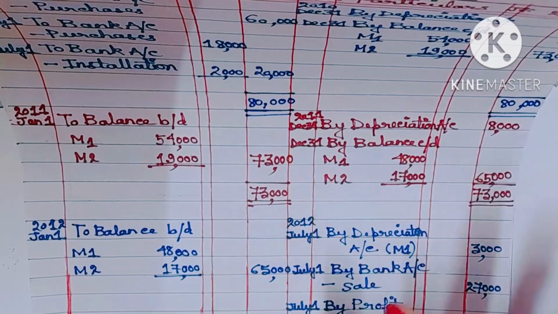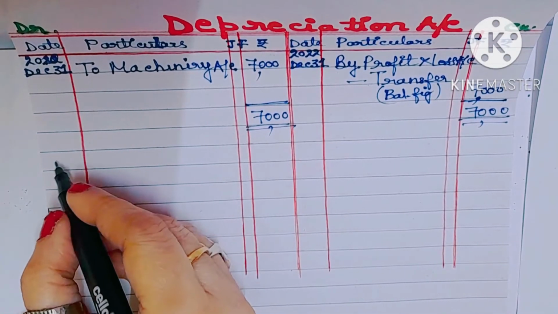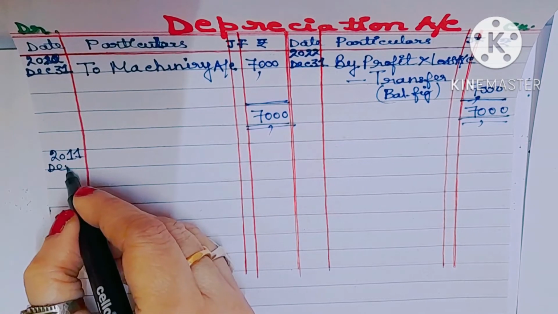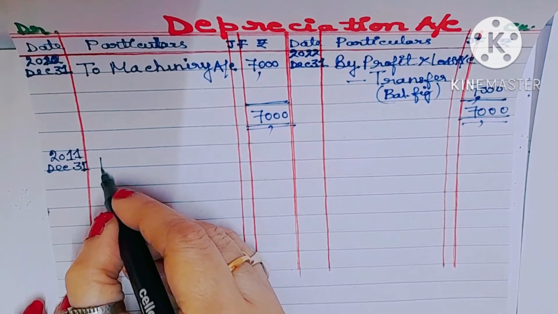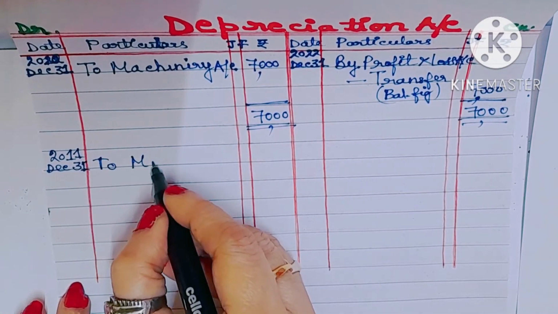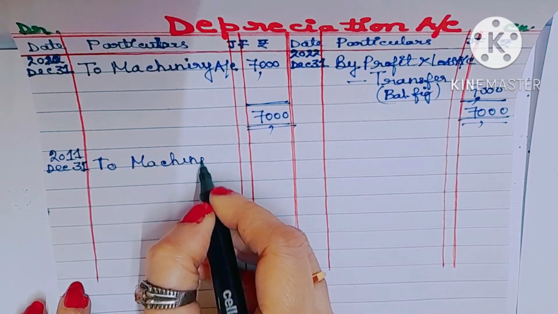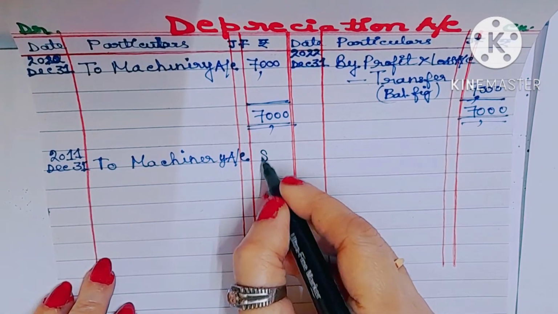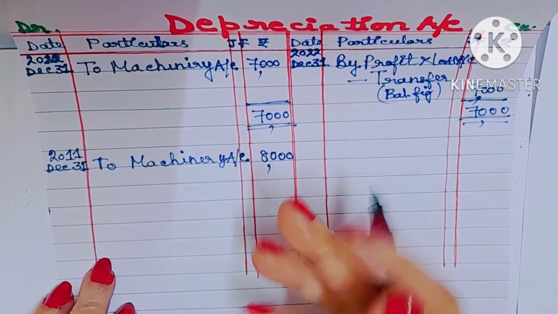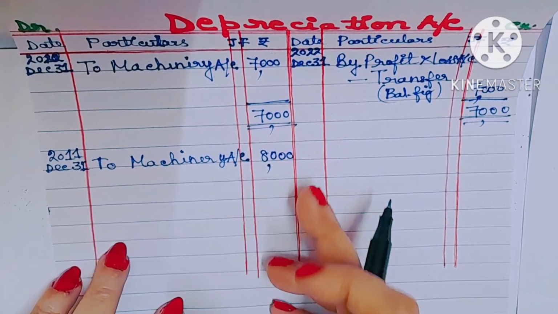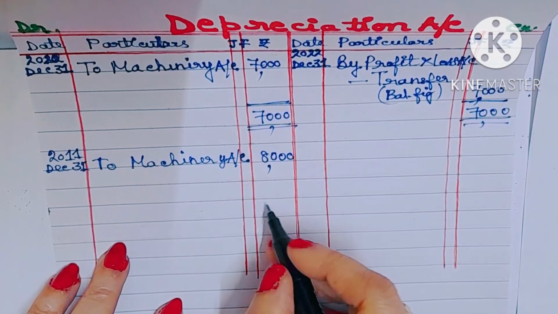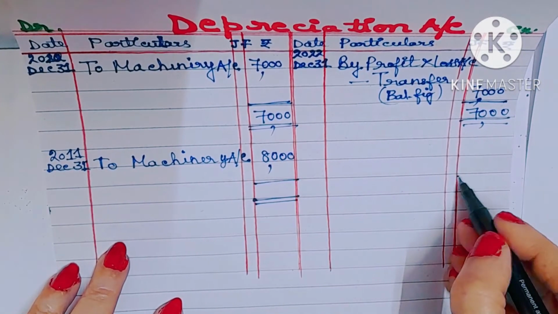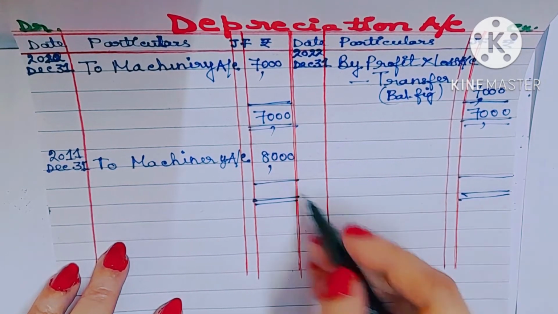Okay, that's all. So let's write 2011 December 31st to machinery account, how much? 8,000. So you have to close this. Which side is greater? Obviously debit side because credit side is 0. Let's close this account. So write 8,000 on both sides.